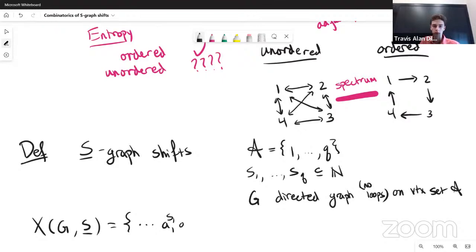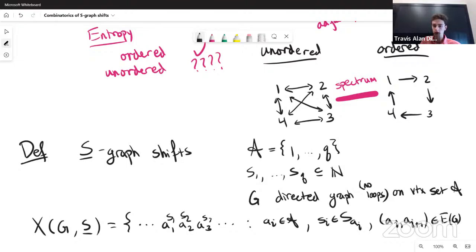You take a block of a certain length, take another block of a certain length, a block of a certain length, subject to which conditions? Well, again, we want these to be in the alphabet. We want the lengths to be the right lengths corresponding to the right letter. And then we want the adjacency conditions to be preserved. We want that if A_{i+1} follows A_i, then this is really given by an edge in the graph.